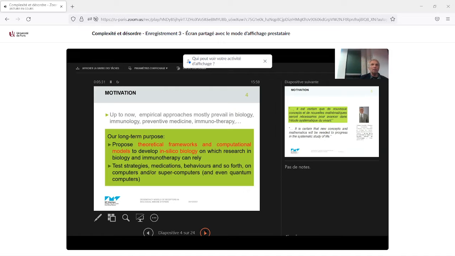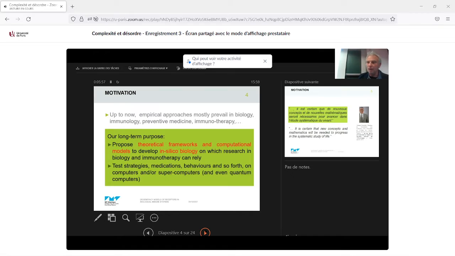And in contrast, our purpose is theoretical, with a long-term purpose. And so we want to come up with mathematical models, mathematical foundations, and I would say mathematical axioms to make it possible to test, simulate, get better insight into the behavior of the immune system.